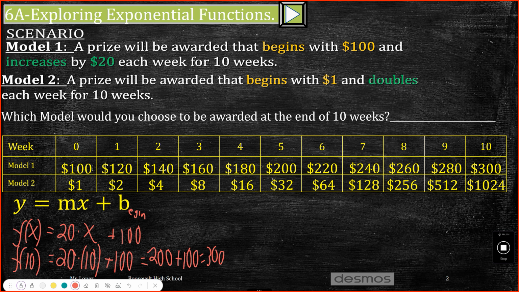Okay, so what would be the equation for model 2? Let me just give you the equation. That equation is y equals a times b to the power of x. That's an exponential function, and that's what we're going to study for the next 2 weeks.